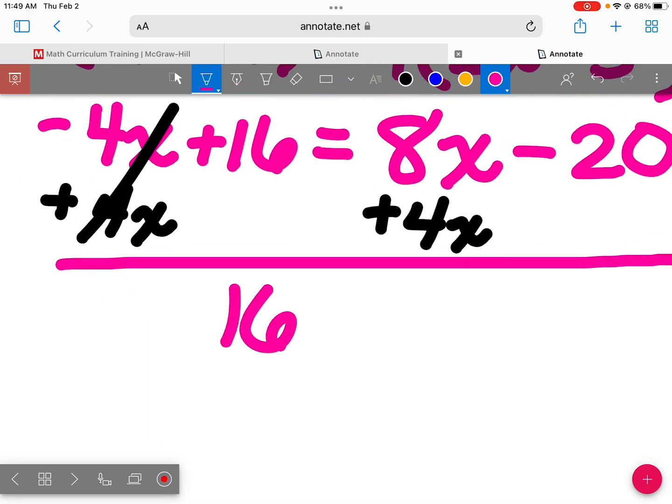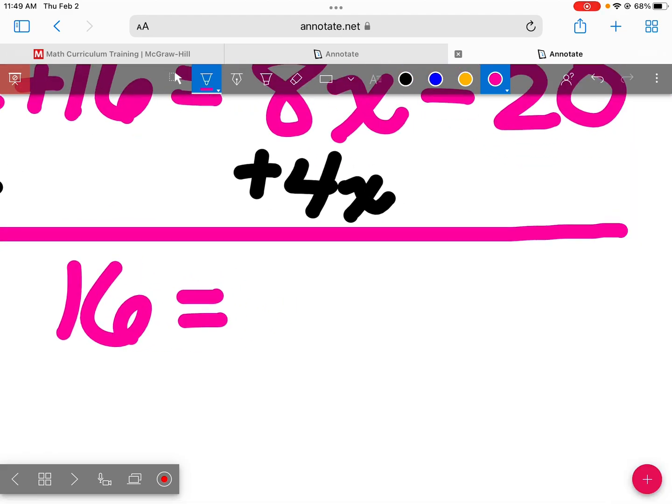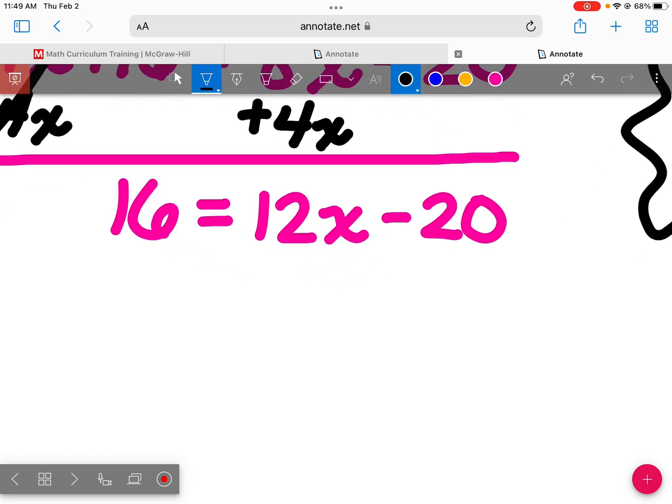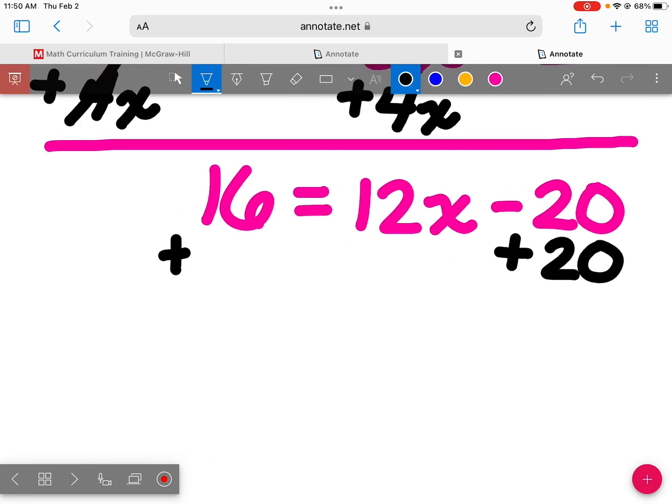So I have 16 equals what? 12x minus 20. What would I do next? Add 20 to both sides. I don't want to subtract the 16 because I want all my x's to one side, which I did, and then I want everything else on the other side.